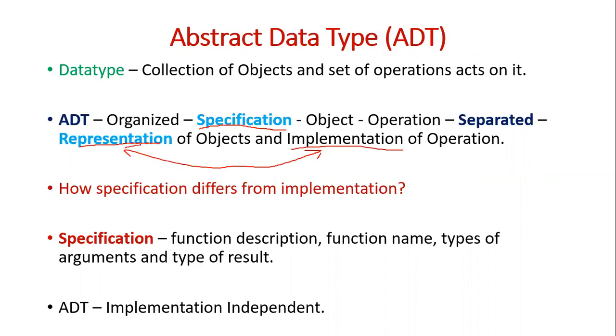So basically what an ADT, abstract data type, does is this: it is a data type organized in such a way that the specification of the object and the specification of the operations performed on the object are separate. Specification means how you specify that particular data type. If it is a float, then it ranges from this value to that value, and so on, and what operations can be done on the data type.